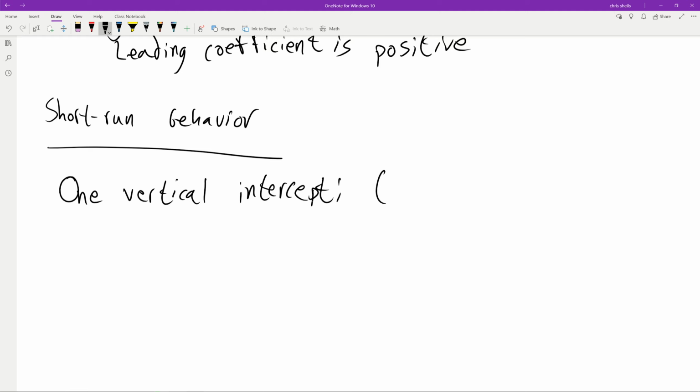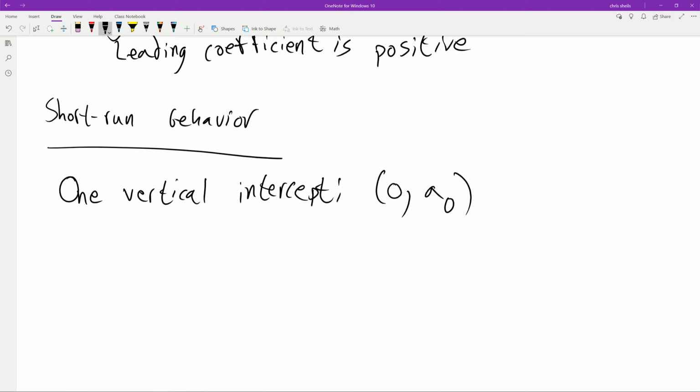This will be at the point 0, a naught. However, they could have multiple horizontal intercepts.